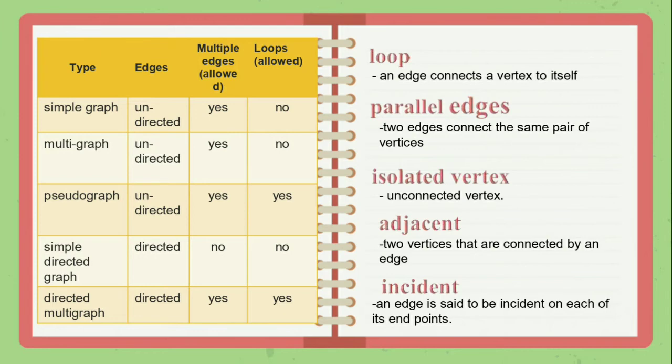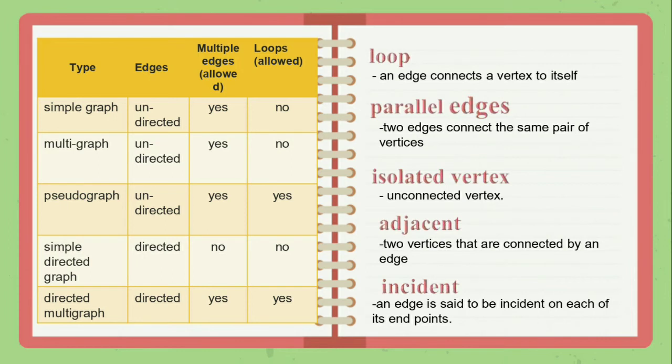multigraph, it has undirected edges and multiple edges, but there are no loops, like a simple graph. A pseudograph has undirected edges, multiple edges, and also loops.